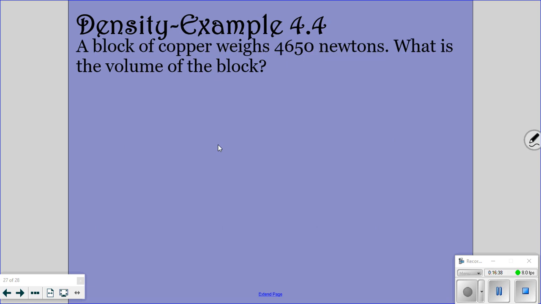Okay, so a block of copper weighs 4,650 newtons. What is the volume of the block? So we're going to start with our formula. They tell us the weight is 4,650. But if you look here, we can't plug weight into that formula. So we're going to have to start with weight equals mass times gravity. 4,650 is our weight.